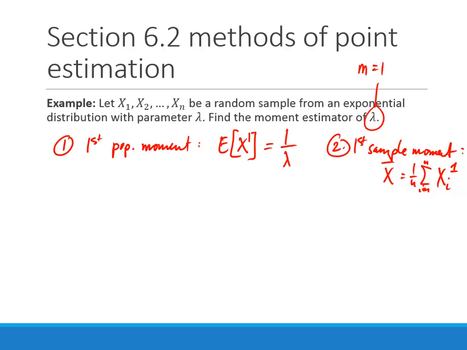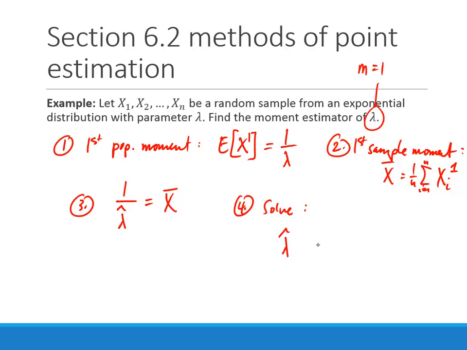Okay, so in my third step now, I just need to set these two things equal to each other. So I can set 1 over lambda, let's put a hat on that to denote that that's our estimate, set that equal to the sample moment. And then finish it off, just solve for lambda.